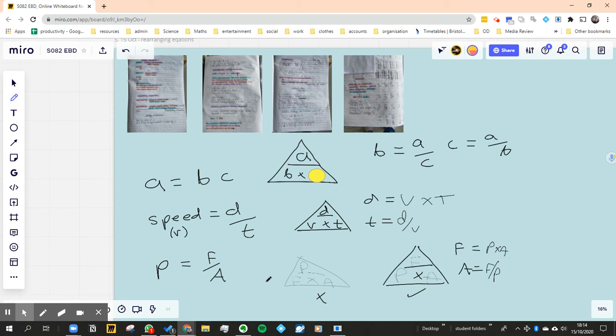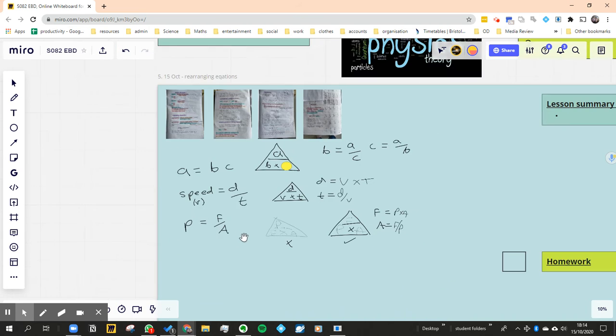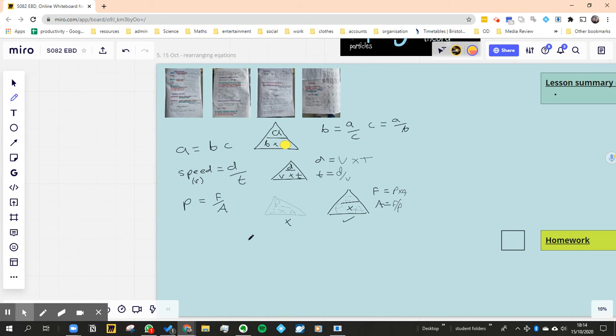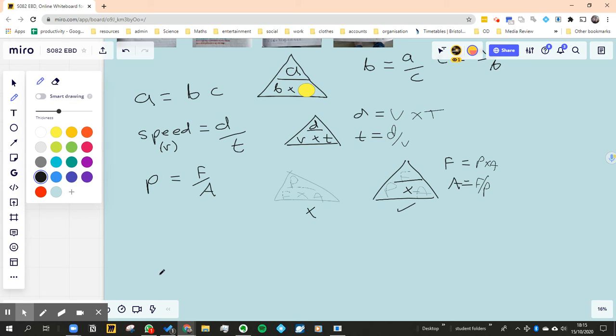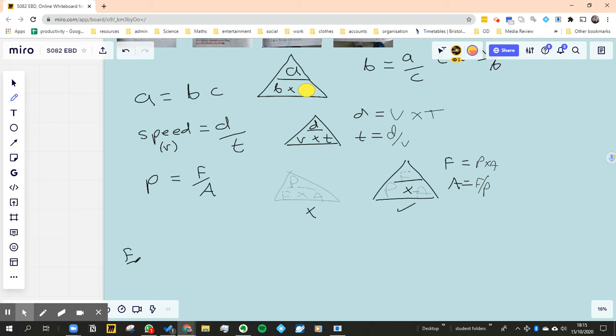Now, you can actually use triangles with more than 3 variables. I kind of lied a little bit. I said you can only do it with 3, but definitely you can only do it with multiplication and divide. So let's take the specific heat capacity one. Energy is equal to mass times the specific heat capacity multiplied by the change in temperature.